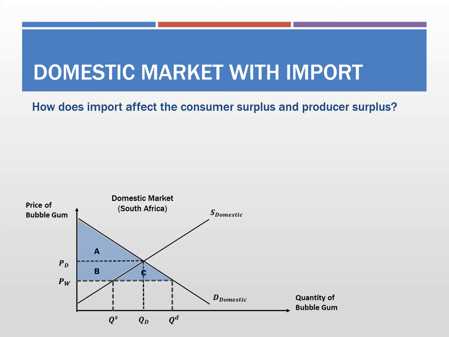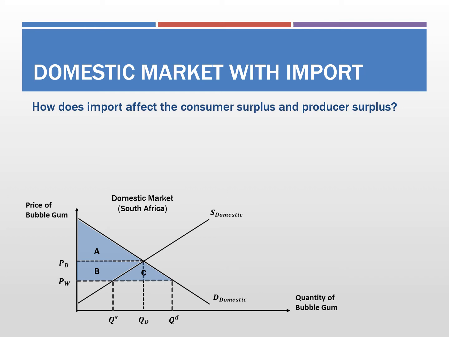So if you look at the price PW and you are looking to the right-hand side, you are going to find where the supply curve will meet this PW price, which will stop at the quantity QS, which indicates the quantity of bubblegums in this graph.